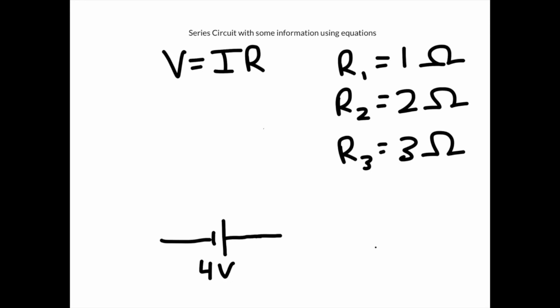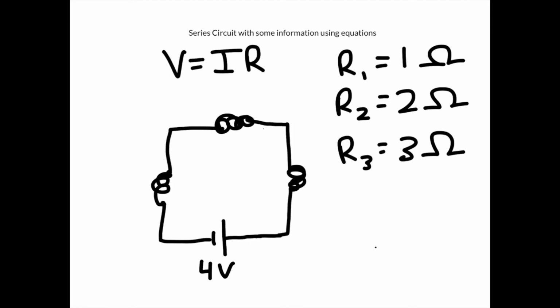So when we draw this circuit, we're going to have a 4-volt battery in this question. And I'm just going to draw my light bulbs in a simple little way with the squiggles. But notice in my series circuit, I only have one path for the electrons to flow through. So there's one path, but there's three resistors to go through.